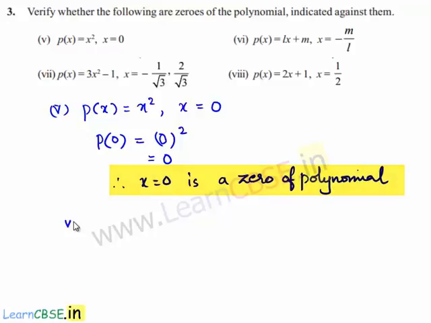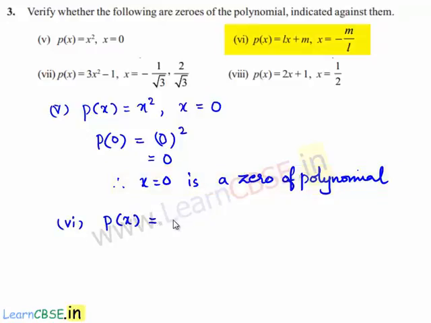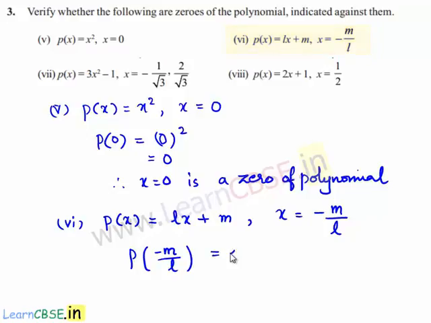Next, sixth bit, which is P of x is equal to L times x plus m, given that x is equal to minus m by L. So let us first substitute x is equal to minus m by L. That becomes P of minus m by L is equal to L multiplied by, in place of x, if we substitute minus m by L, we get L multiplied by minus m by L plus m.